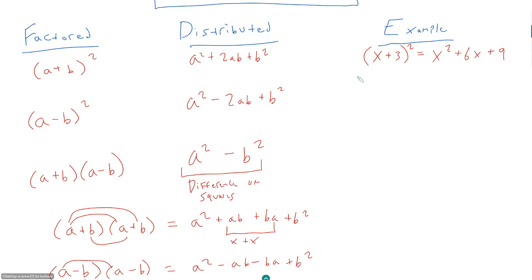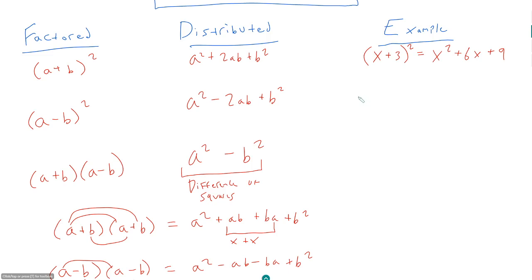For a minus b squared, let's show a way they like to get fancy and sort of disguise these sometimes, because that's the real reason you want to memorize these: not when they present them in their straightforward way, but when they present them in a bit of a disguised manner.